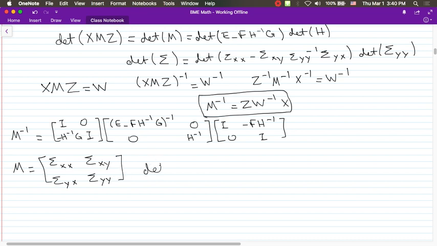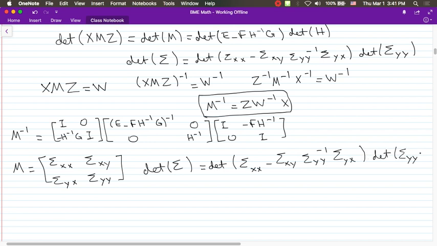And we determined that the determinant of this is equal to what I wrote up here: the determinant of sigma xx minus sigma xy, sigma yy inverse, sigma yx, times the determinant of the y variance.